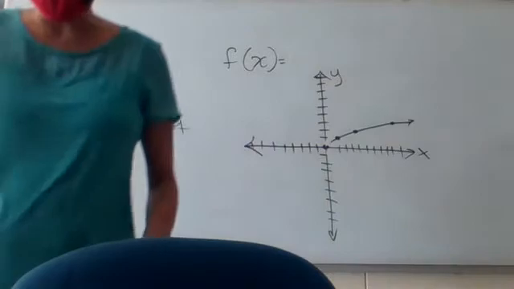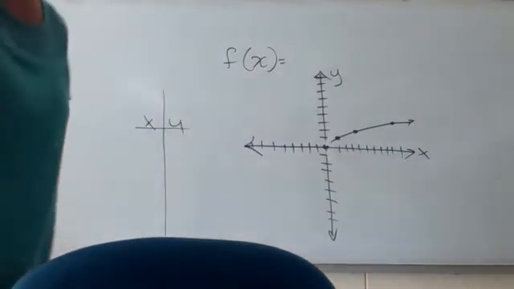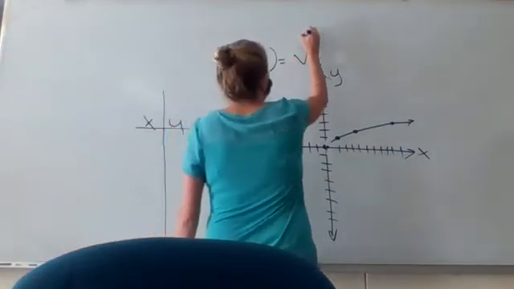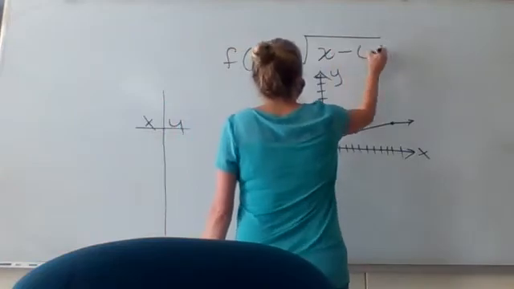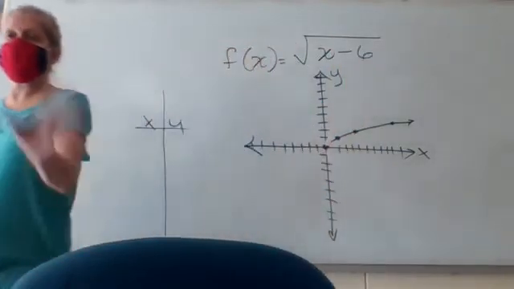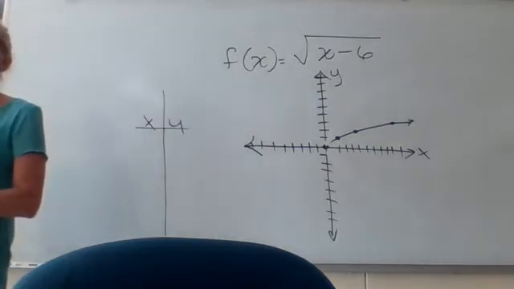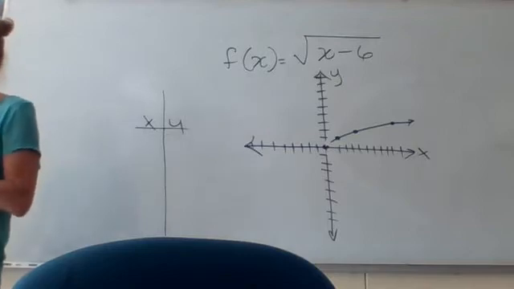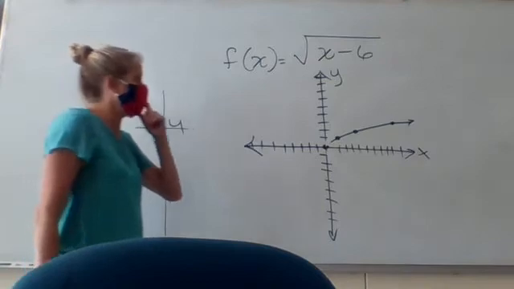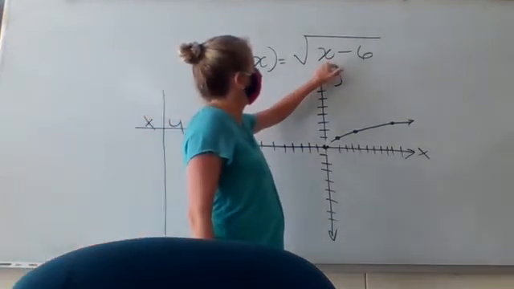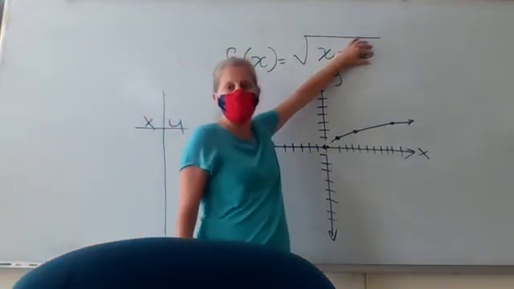All right, number 5 is f of x equals the square root of x minus 6. So before we graph this or do our XY chart, our error message is going to start somewhere different now. Why is that? On the first 3 problems, the error message started right at -1, right? Anything that was right below 0. Because on the first 3 problems that we did, all that was underneath the square root was the x.